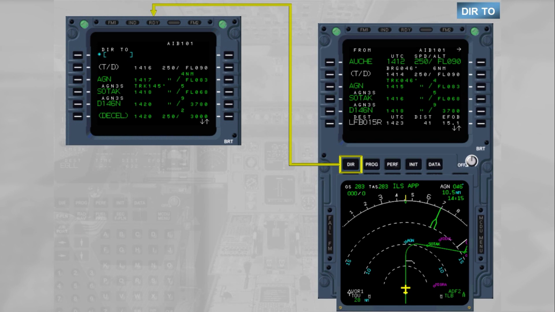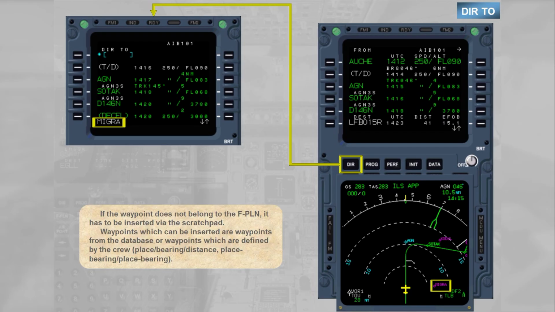If the waypoint does not belong to the flight plan, it has to be inserted via the scratch pad. Waypoints which can be inserted are waypoints from the database or waypoints which are defined by the crew: place-bearing/distance, place-bearing/place-bearing.